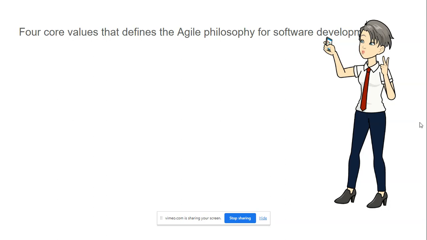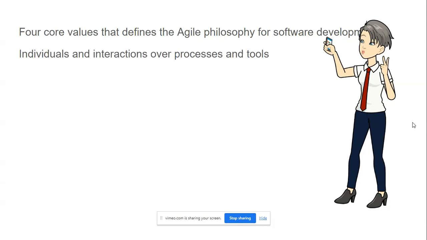So what are they? Betty gave one: individuals and interactions over process and tools. Individuals and interactions, that means collaboration. That's one big thing. So you always value the things on the left more than the things on the right.